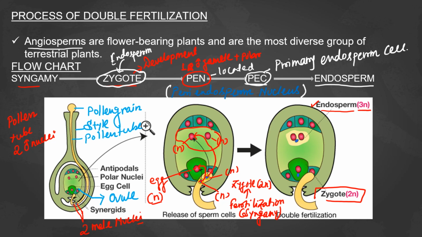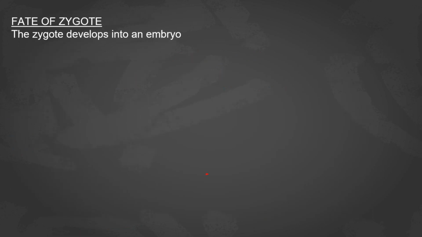So next we'll learn what will be the fate of the endosperm and what will be the fate of the zygote. So what is the fate of the zygote? Definitely what we came to know is that the zygote is diploid, and later this zygote is going to develop into embryo, and this development of the zygote into embryo is called embryogeny.